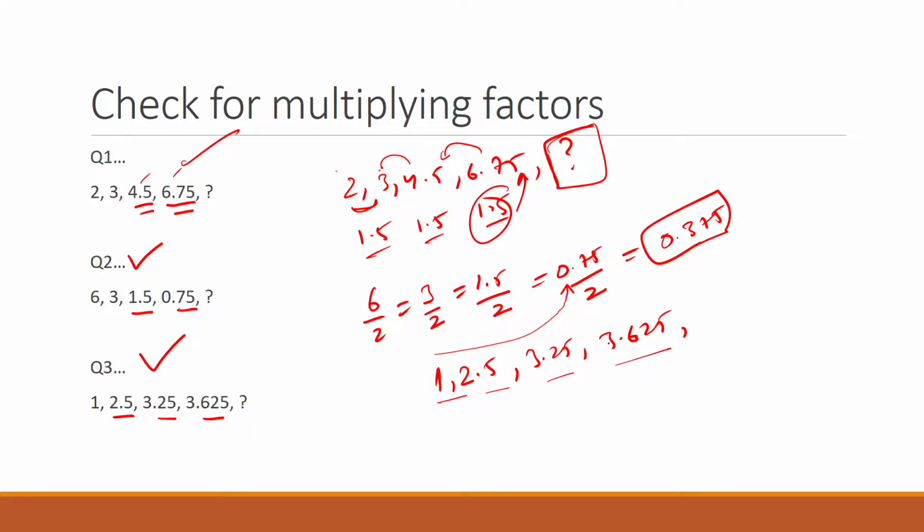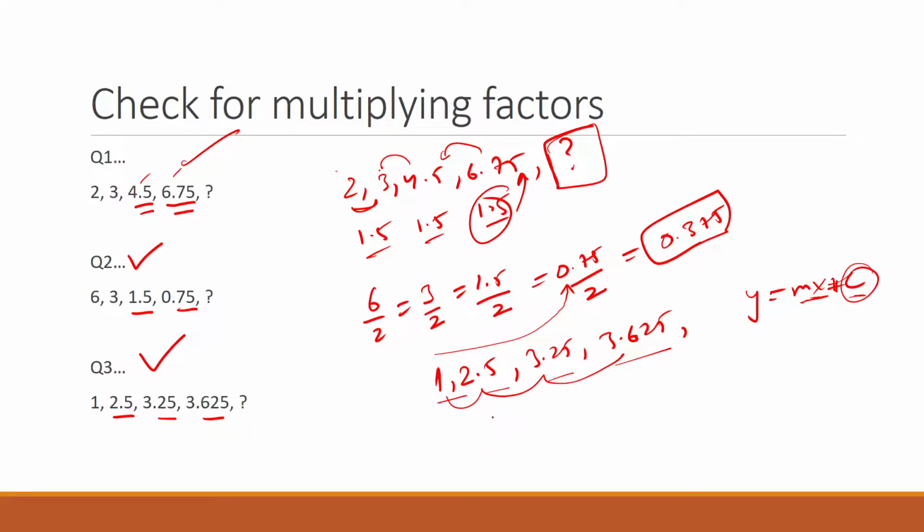How can I say that? Because the terms are nearby, 1 to 2.5 and then a small jump again, so it is kind of a linear scale. On a linear scale, y is equal to mx plus c, there has been a multiplication factor and also a constant that is being added.